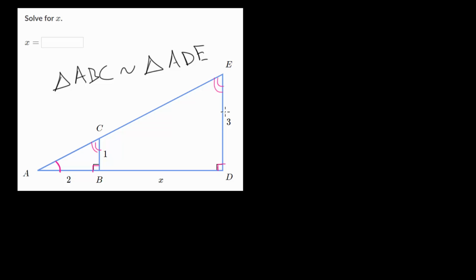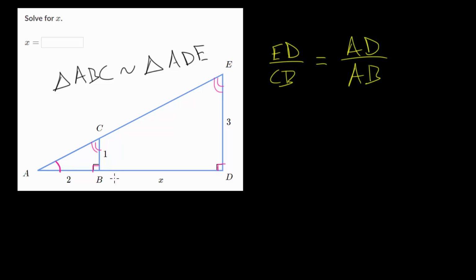Since if we look at the ratio of this side length ED compared to its corresponding side in the smaller triangle, this would be equal to the ratio of, let's say, this side length AD compared to the corresponding side in the smaller triangle AB. And with that information, let's set up an equation. We have that the ratio ED compared to CB is equal to the ratio of AD compared to AB.